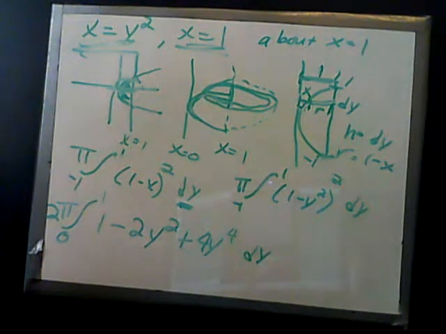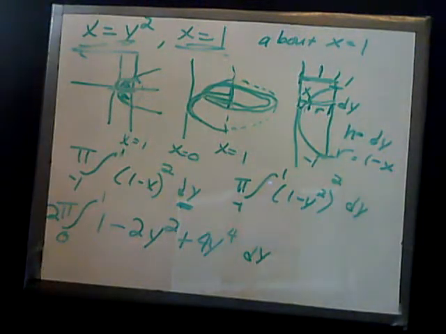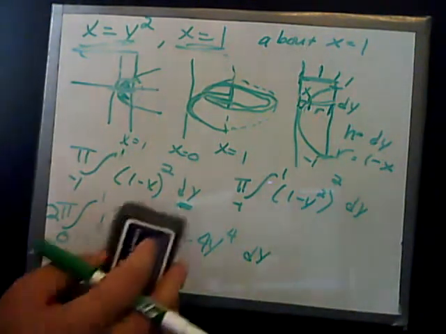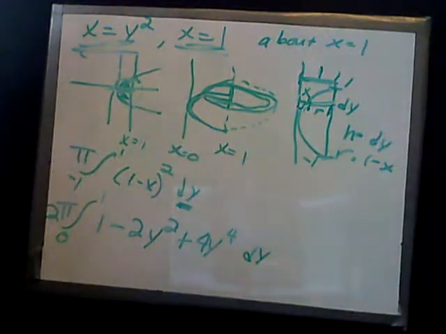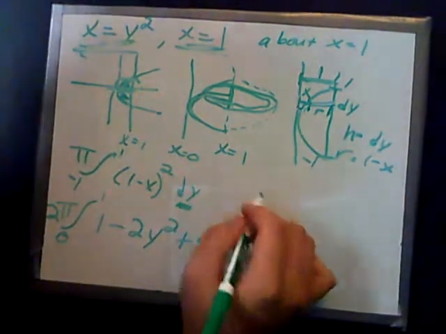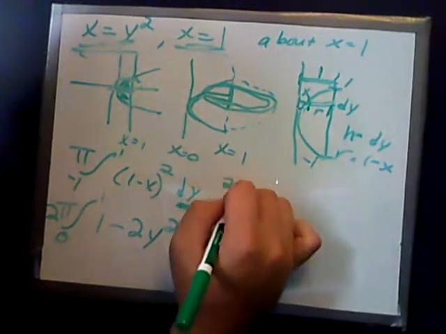Alright, so now the only step left is to integrate it. So this 2 pi still stays out front.